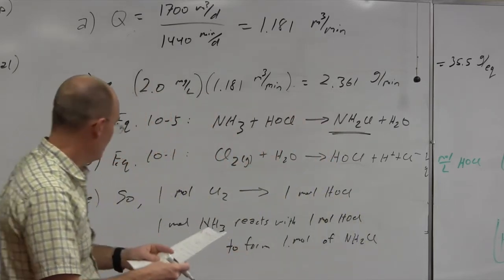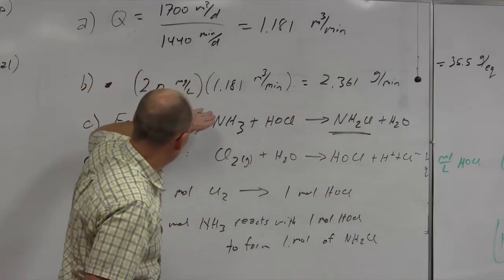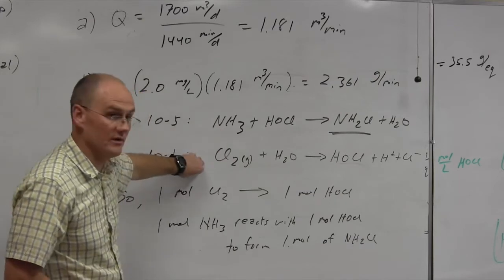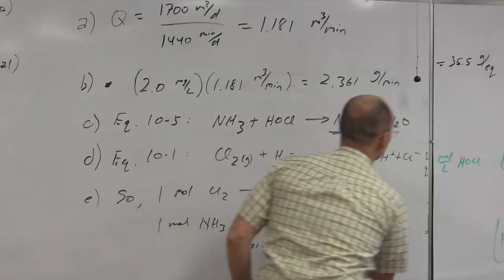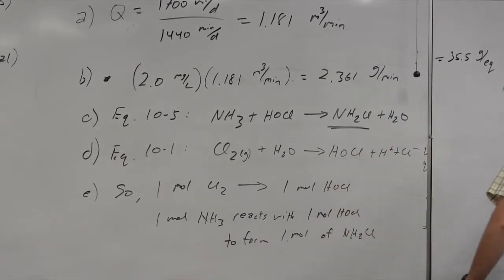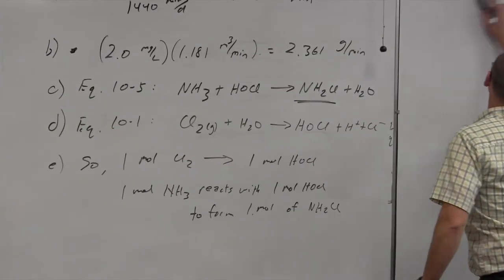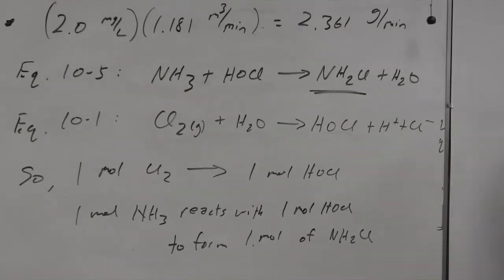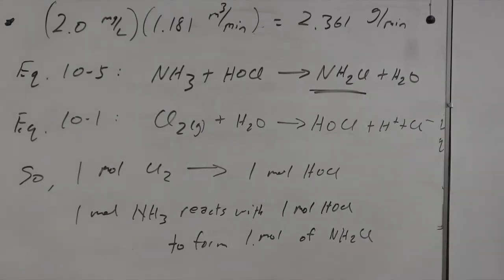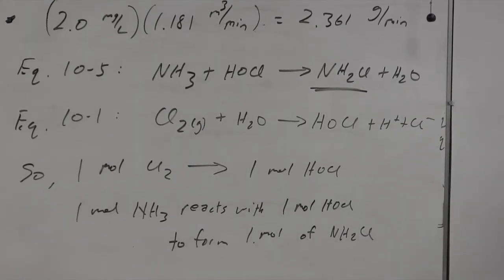Okay? So we know that we need 1 mole of this and 1 mole of this is the short story. We're just working through looking at our chemical equations to figure out the molecular concentrations that we're going to need to achieve the mass concentration that's desired.